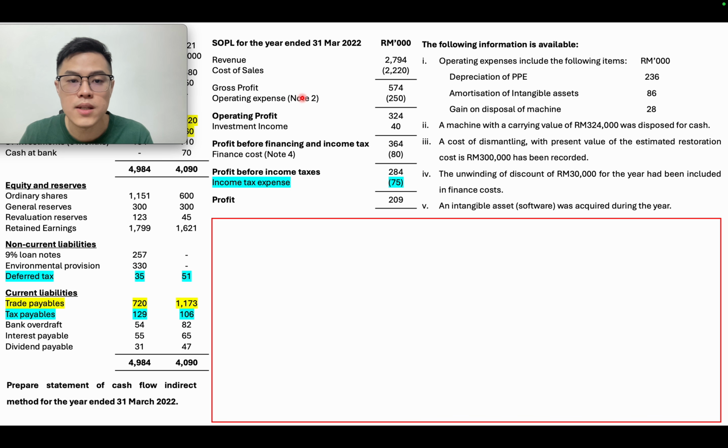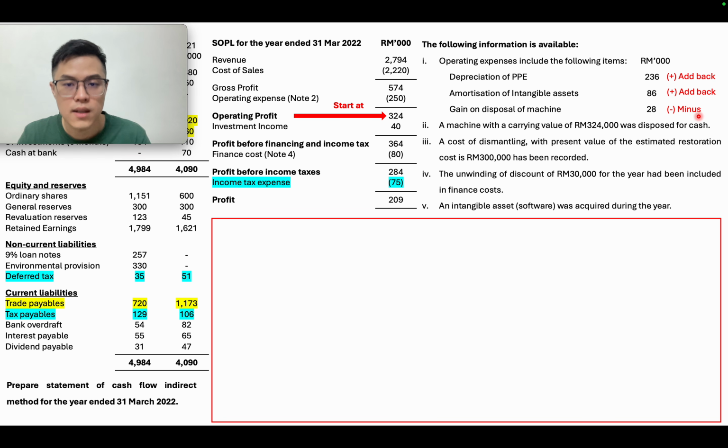Therefore, we add back the depreciation, add back the amortization, and minus out the gain on disposal. That helps us reconcile from our profit back to the cash flow, removing the non-cash items.